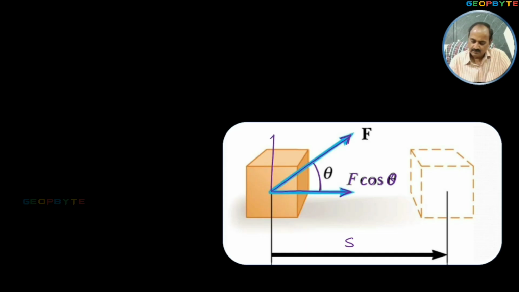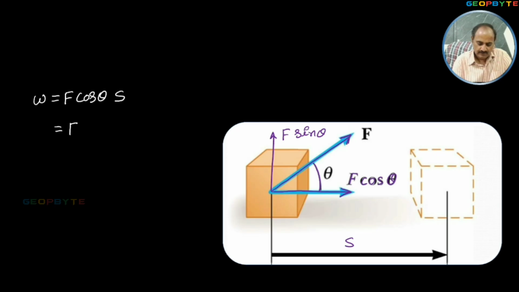And this is the vertical component of force, F sin theta. That force is not causing the driving of the body. Anyhow, here work equals the horizontal component of force which is causing the driving of the body multiplied by S, F S cos theta. Understood clearly?